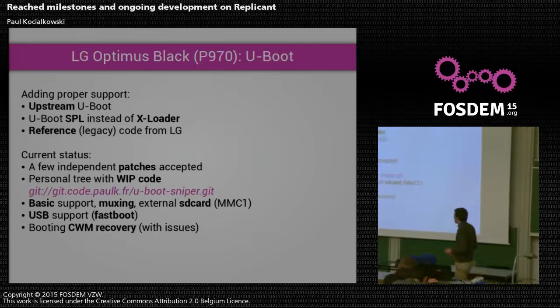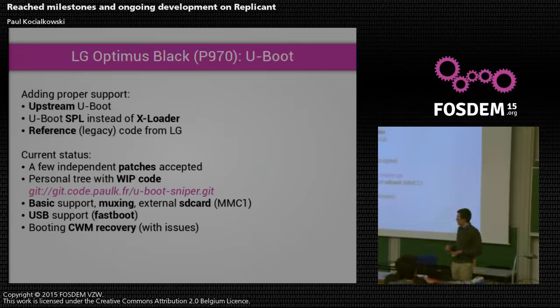Eventually, I started adding upstream support for it, using the U-Boot SPL instead of Xloader. You know what it is if you're familiar with U-Boot. That's the first stage bootloader. So that's what I did, using the reference code from LG, because I can't just invent what it's supposed to do. I just read and adapt in a clean upstream way.